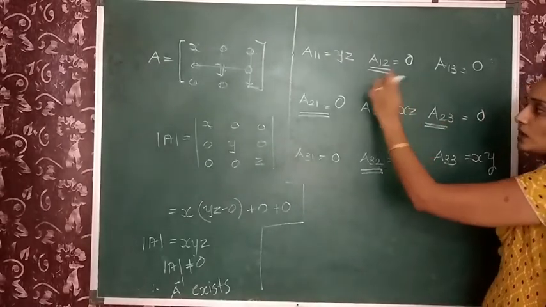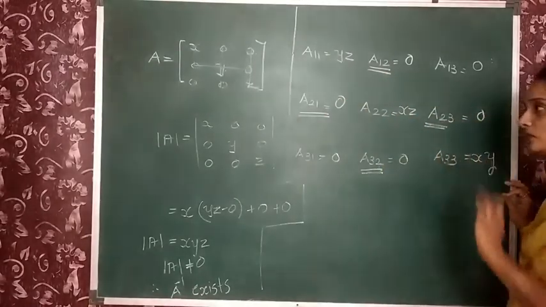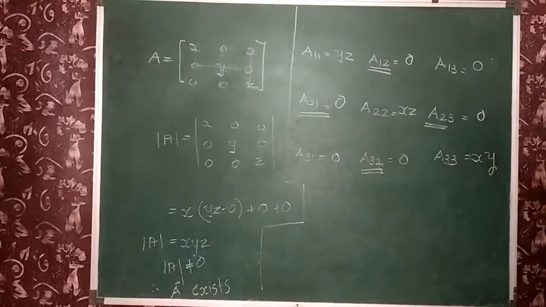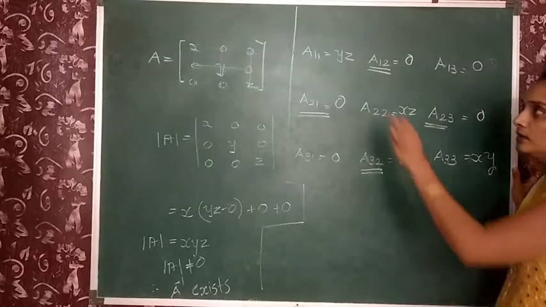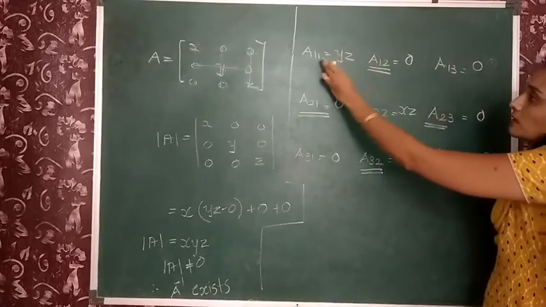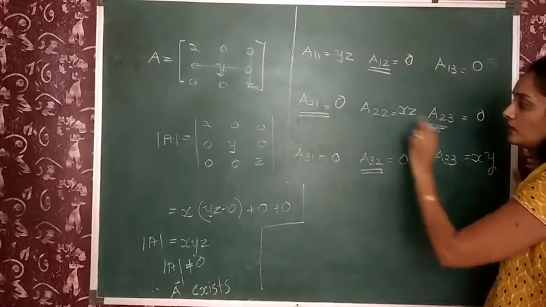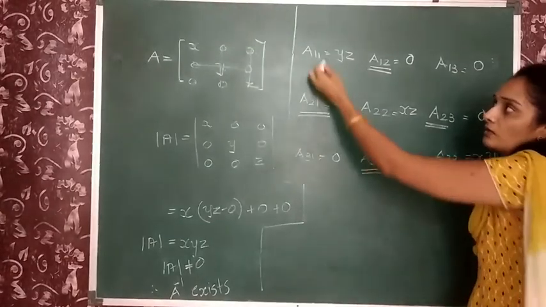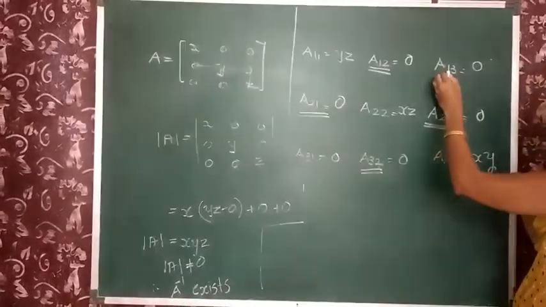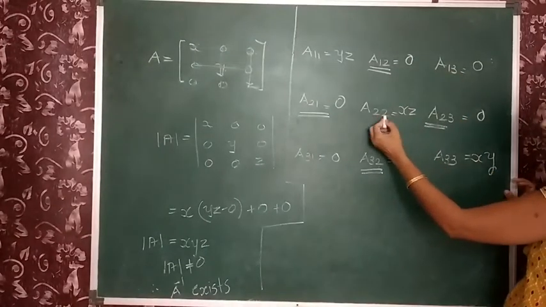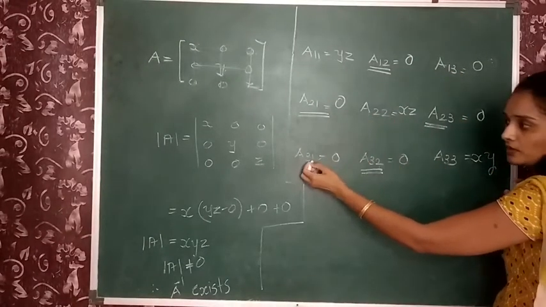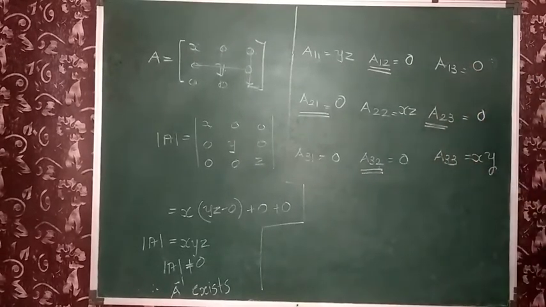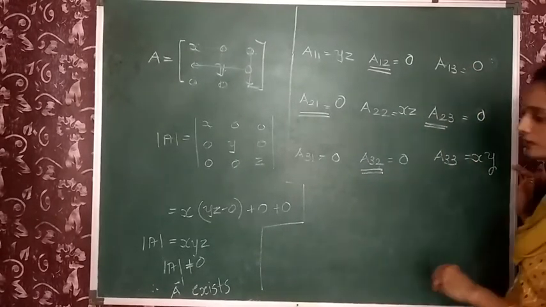So we have to change the sign of these four elements, but all these elements are 0, so the sign doesn't change. For the others, the sums are even numbers, so we don't need to change the sign: 1 plus 1 is 2, 1 plus 3 is 4, 2 plus 2 is 4, 3 plus 1 is 4, and 3 plus 3 is 6. All are even numbers.